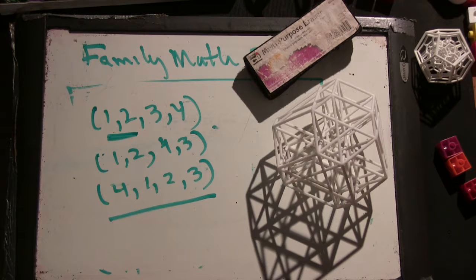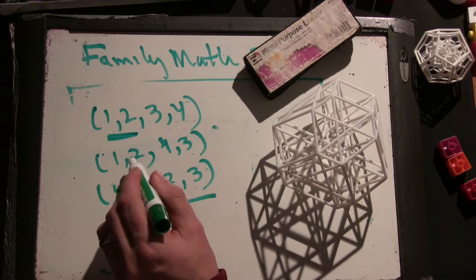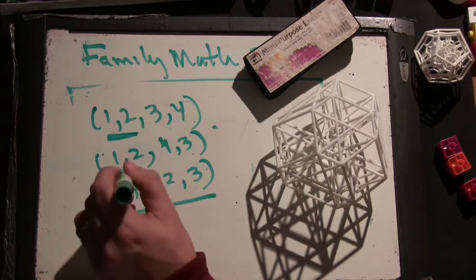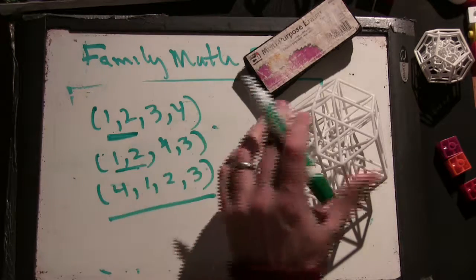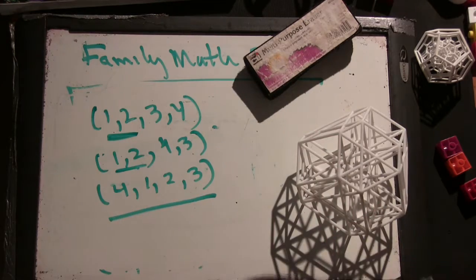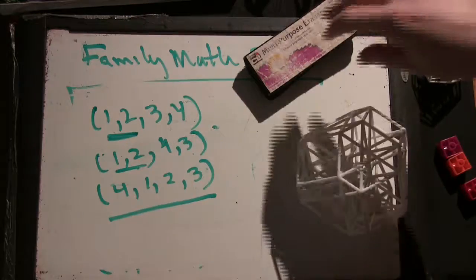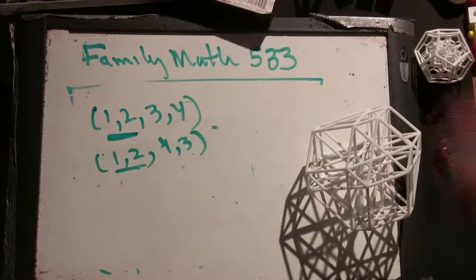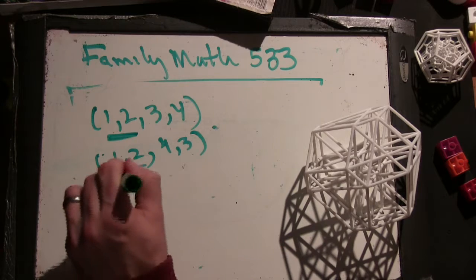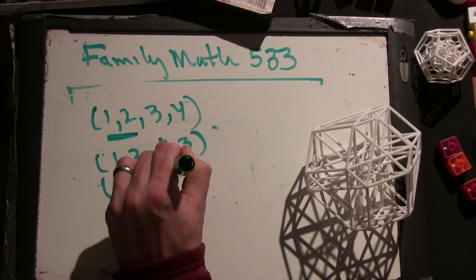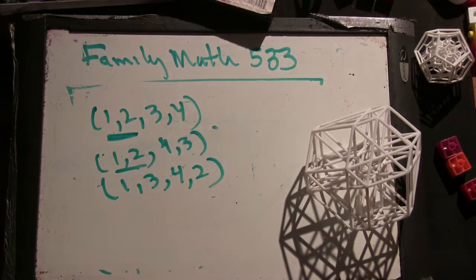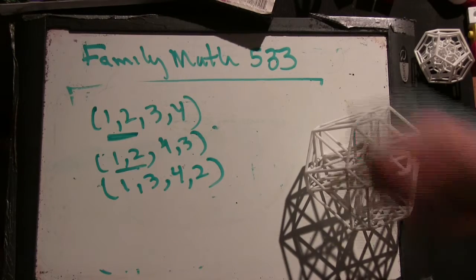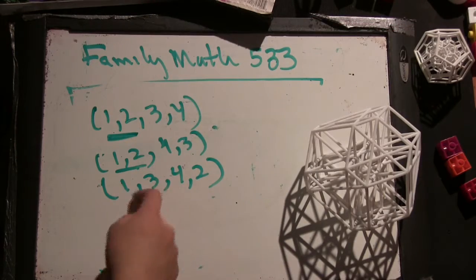So the question is, how many ways are there to share exactly 2? I gave you one example, 1, 2, 4, 3. Give me another one. Well, you could do like 1, 3, 4, 2. They don't have to be adjacent necessarily. How does that share 2 with this? Or I said 1, 4, 3, 2.